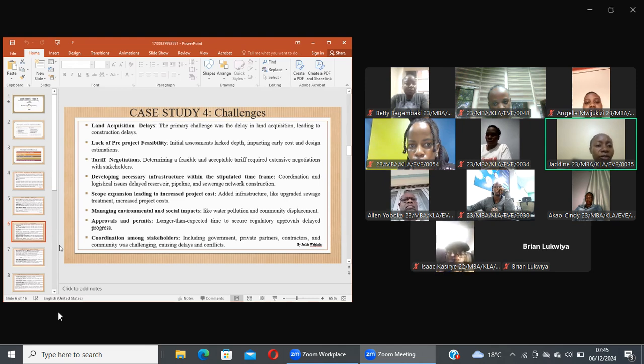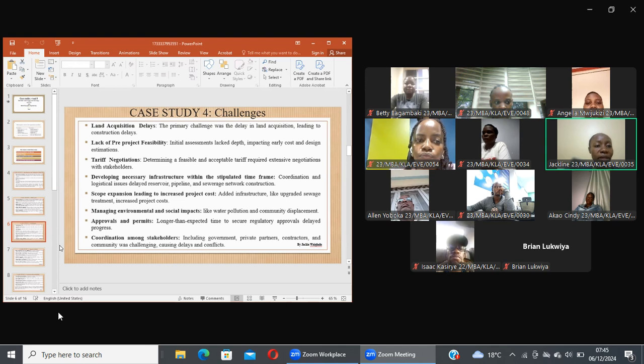And then the other challenge faced was scope expansion, leading to increased project costs. Added infrastructure like upgraded sewage treatment increased project costs. And then managing environmental and social impacts like water pollution and community displacement was another challenge during the project.